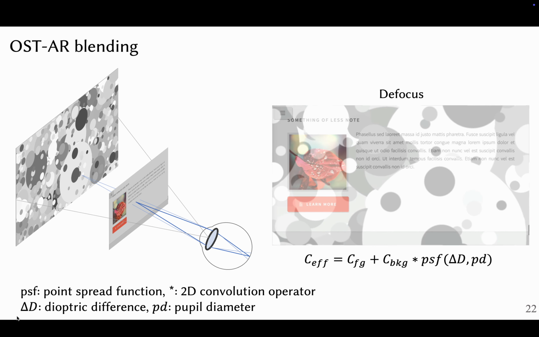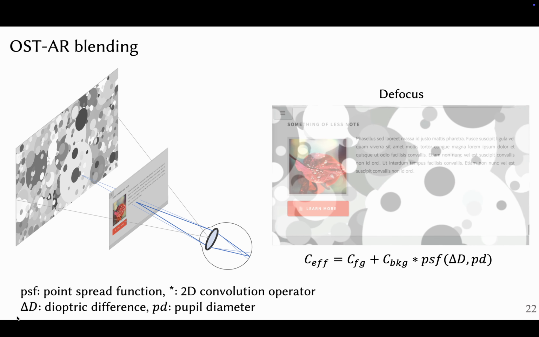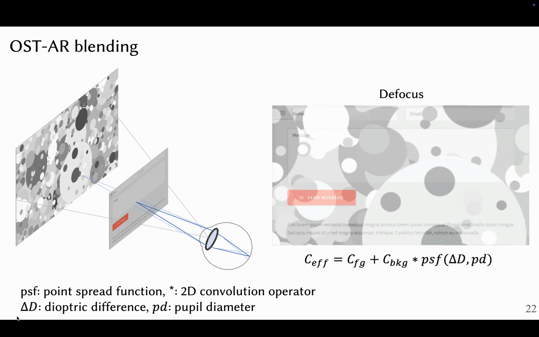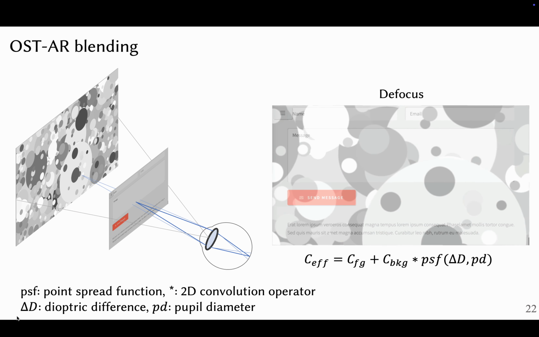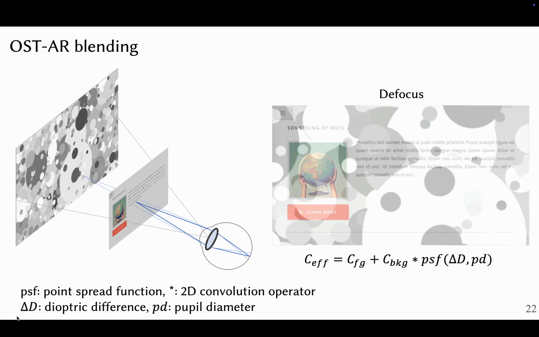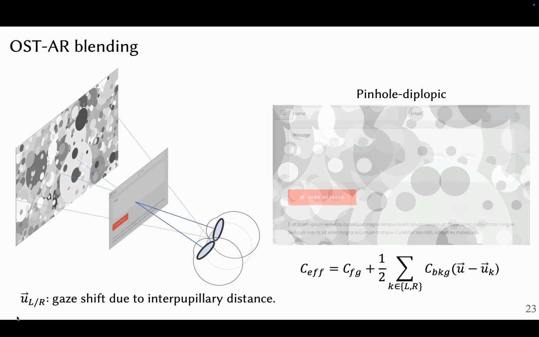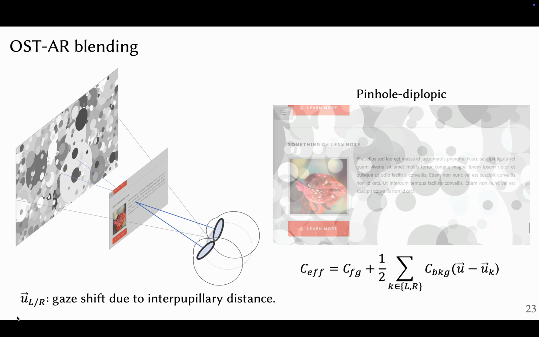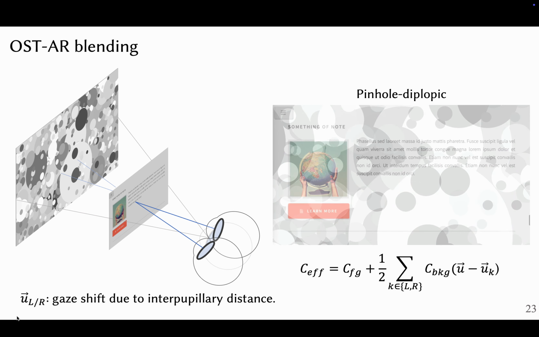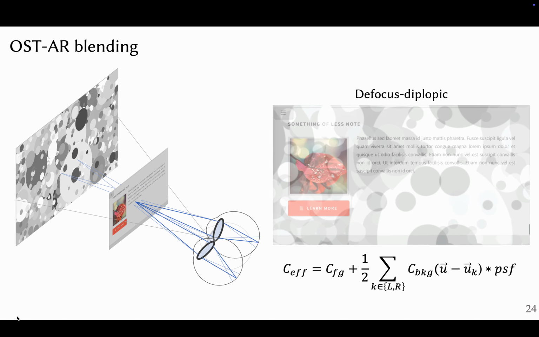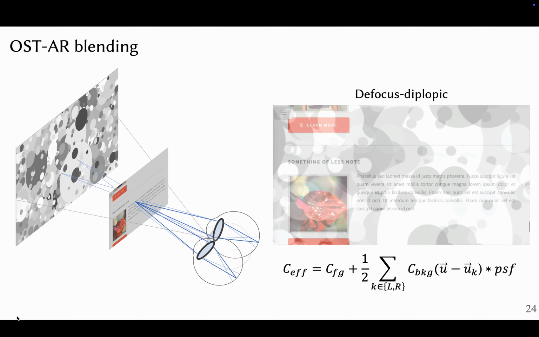Getting a little more complex, we could use an optically plausible defocus blur that is obtained by applying a PSF with the correct dioptric difference between background and foreground and simulating the pupil diameter of the user based on the luminance of the content. We could also take into account that the user has 2 eyes and that there's a diplopic difference. In other words, there's a shift when you're focusing on the front plane, and that doubled up image would be simulated as well. And finally, the model that combines everything, the defocus blur and the diplopic condition.